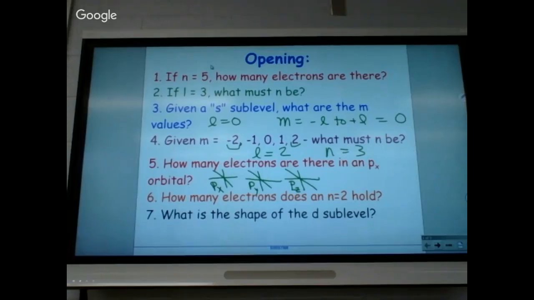Y'all need to write in these things. I literally don't know this stuff at all. What do you mean you don't know it? I can't remember this.